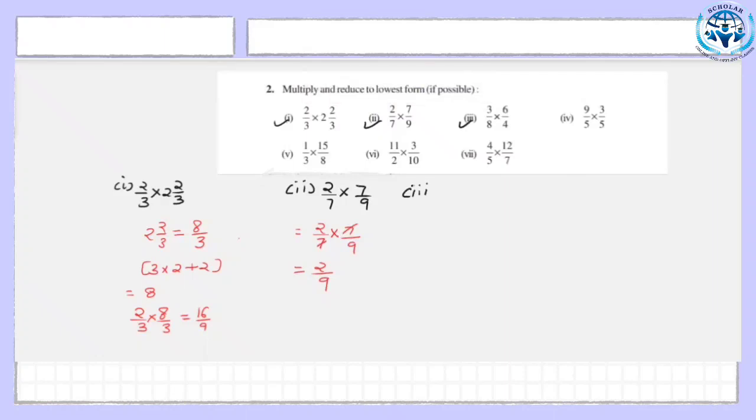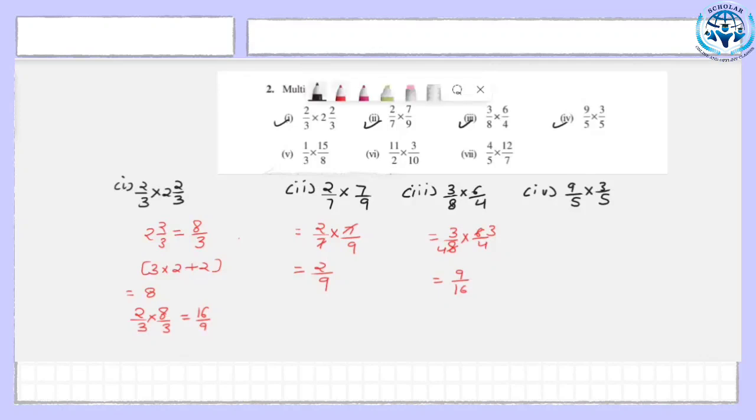3 by 8 into 6 by 4. When we cut or divide by 2, 2 3s are 6, 2 4s are 8. Now 3 3s are 9 and 4 4s are 16, the answer is 9 by 16. Next, 9 by 5 into 3 by 5.